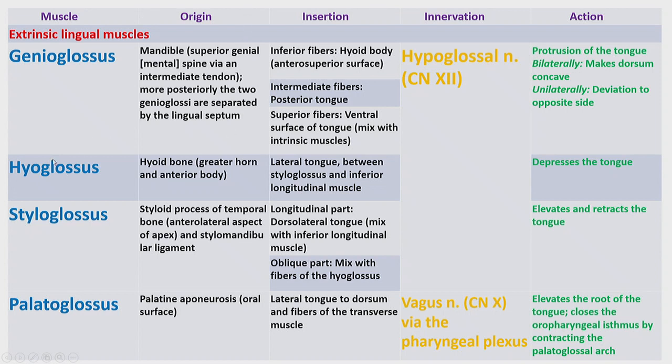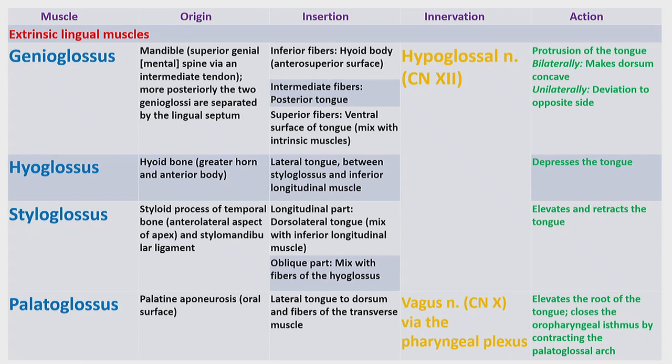Another one, for example, the hyoglossus, because it originates from the hyoid bone, the greater horn and the anterior part of the body, and goes to the lateral aspect of the tongue, by contraction depresses the tongue. Styloglossus, because it's above and originates from the styloid process, elevates and retracts the back of the tongue.